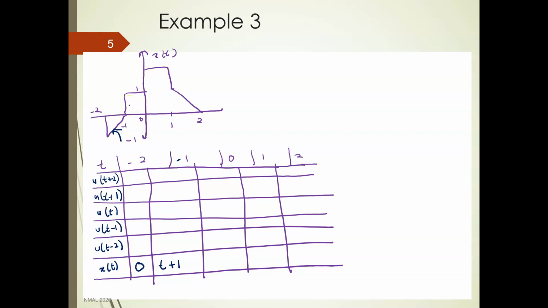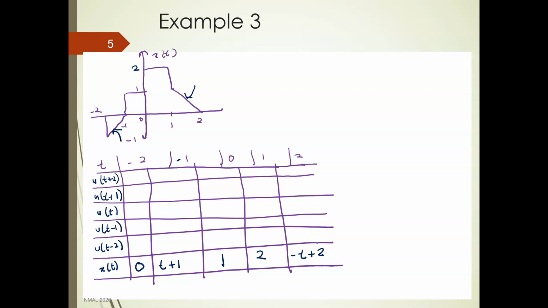Between -1 to 0, the amplitude here is 1. Between 0 to 1, this one is 2, and between 1 to 2, which is this line, this one is -t plus 2.